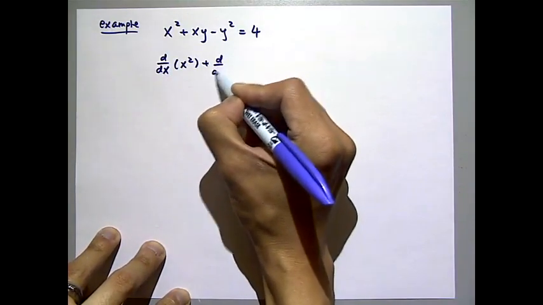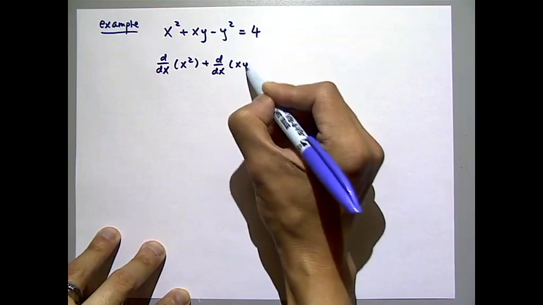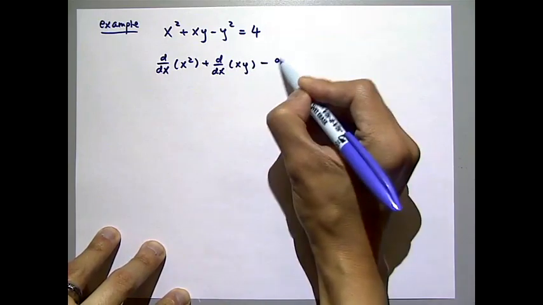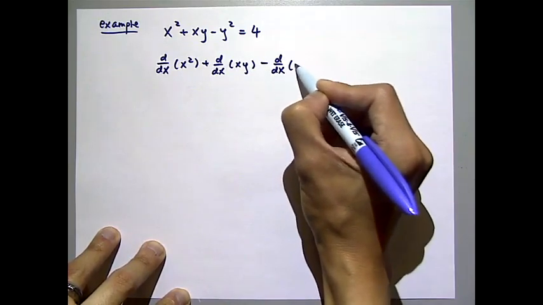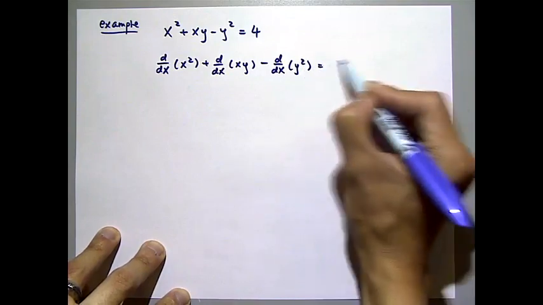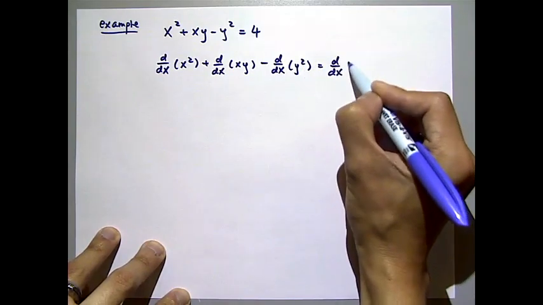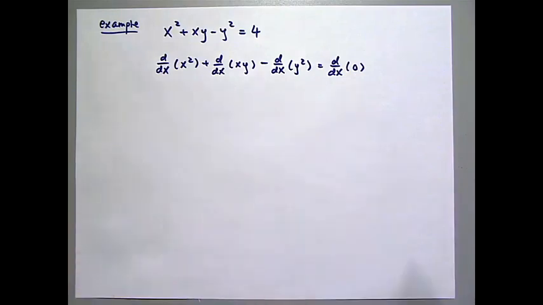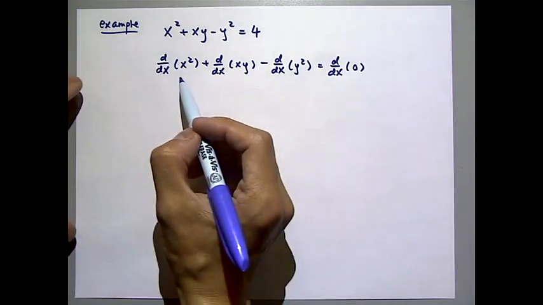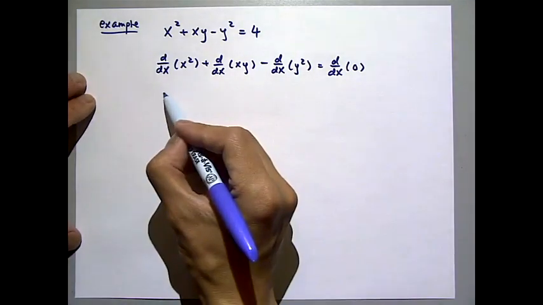We take the derivative on both sides. First part is easy, 2x.